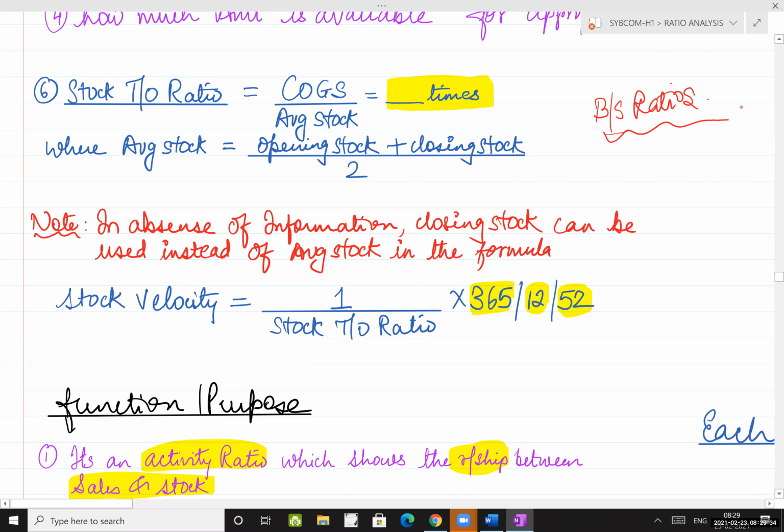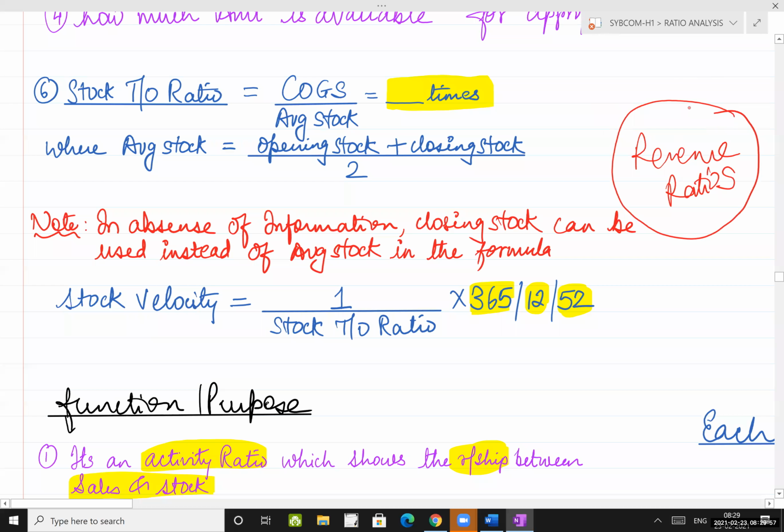In two or three sums of balance sheet ratio, this was asked. But actually, stock turnover ratio is a part of revenue ratios, not balance sheet. It was asked in the balance sheet sums so we calculated it, but it is a part of revenue ratios.